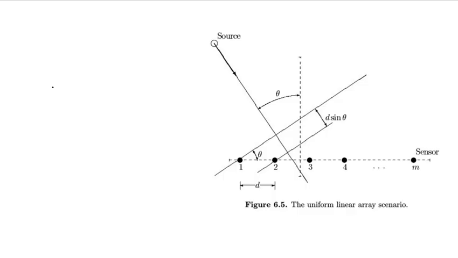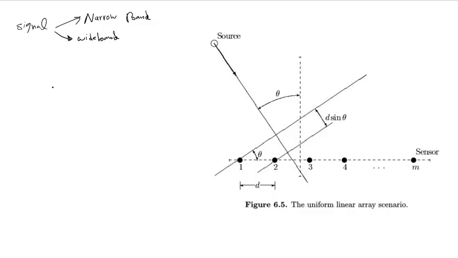Before I start finding the signal model for this array, I should divide signals into two main categories: narrowband and wideband.